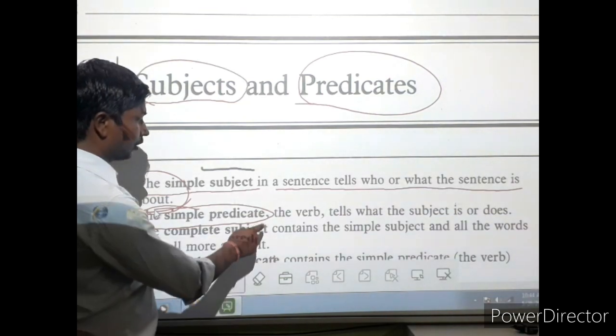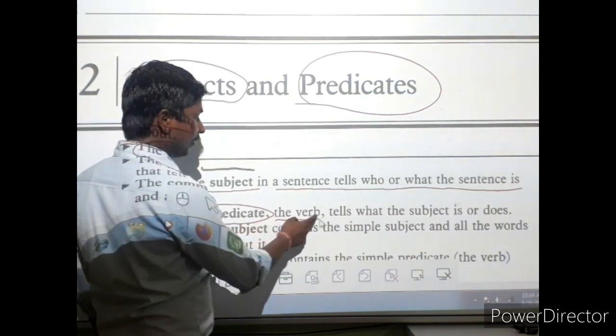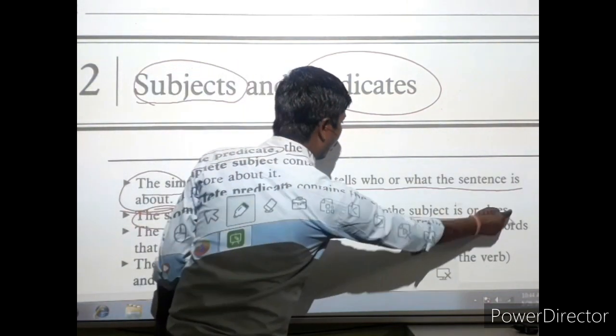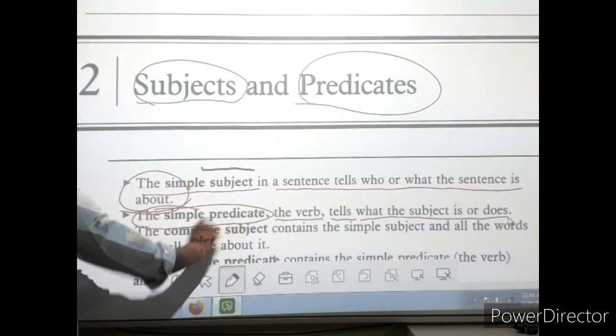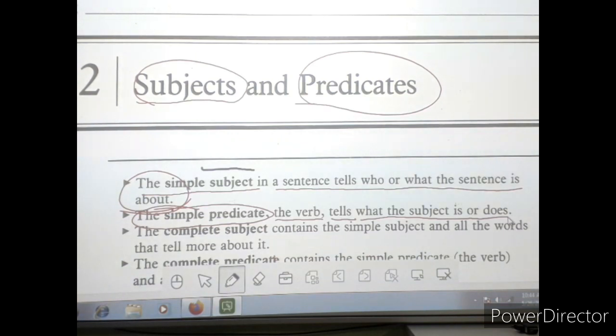According to the definition, the verb tells what the subject is or does. मतलब ये सब्जेक्ट क्या करता है ये बताना प्रेडिकेट का जॉब होता है. A complete predicate contains the verb and all the words that tell more about it.